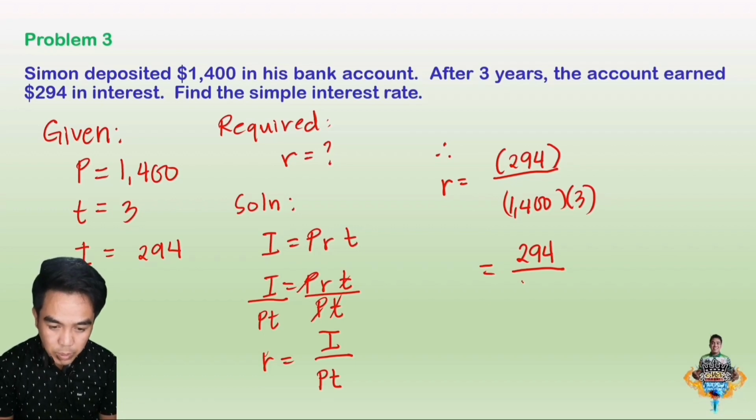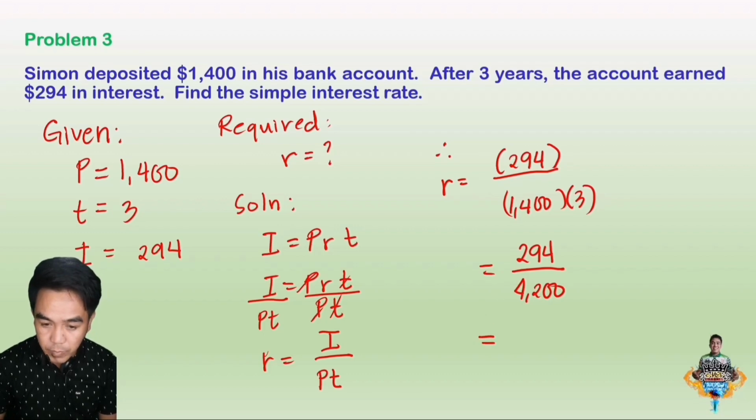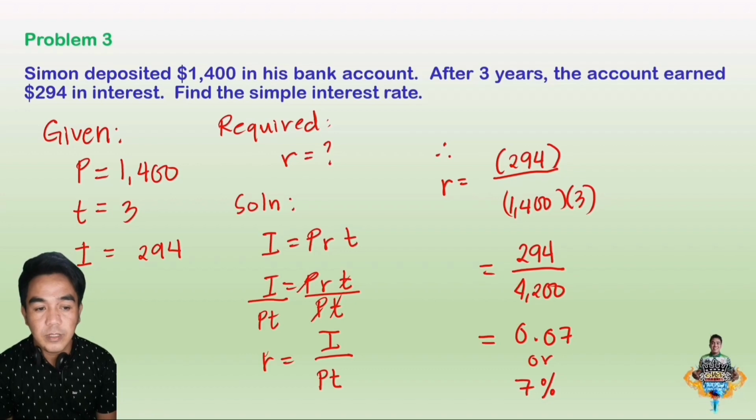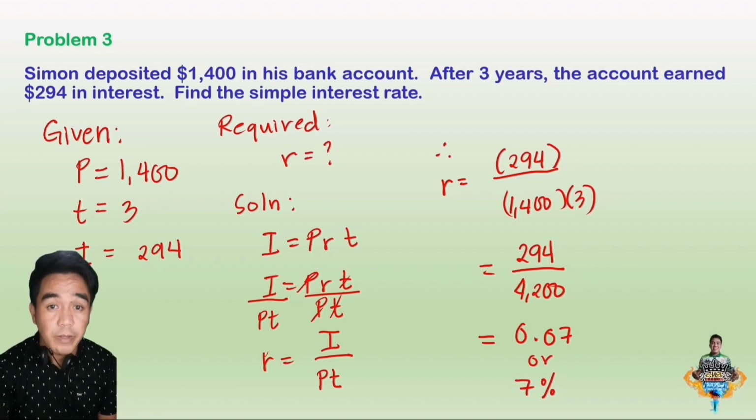So let us put here 4,200. Then 294 divided by that product, we have 0.07, or that is 7%. This is how we solve problem number 3.